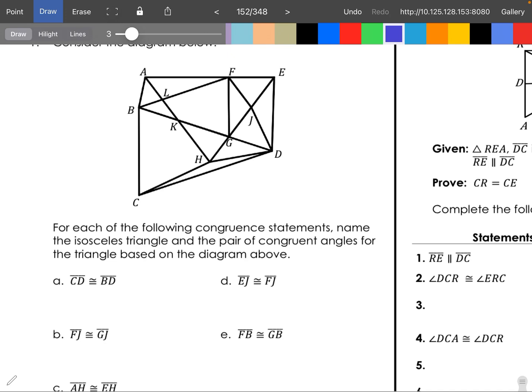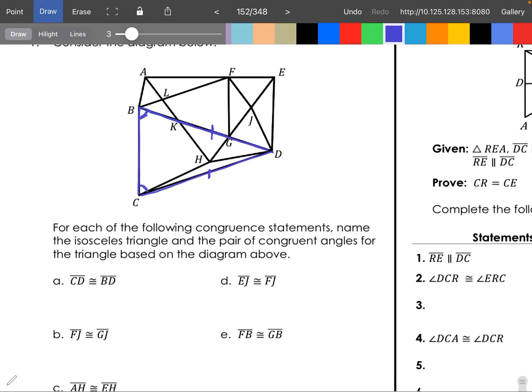So if I'm looking for CD, here's CD, and BD. Okay, here's the other part of BD. So it's saying that those two pieces are congruent to each other, so therefore I know I have an isosceles triangle. All right, here's the base right here. So that means the base angles would be here and here.